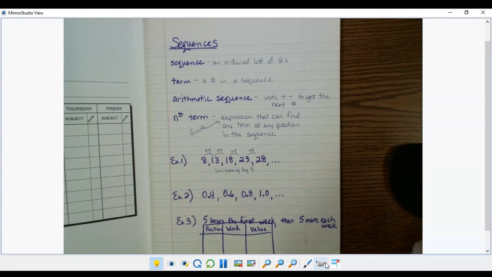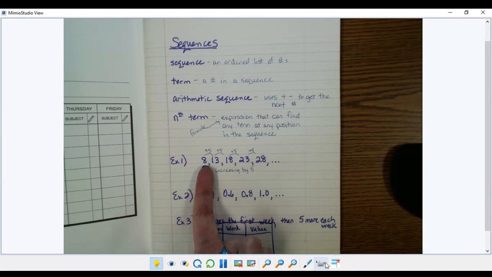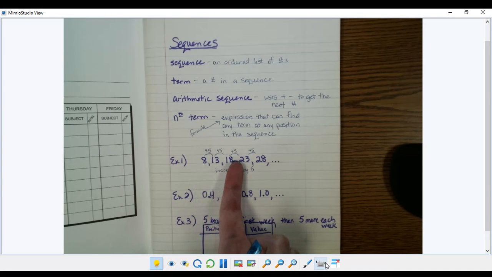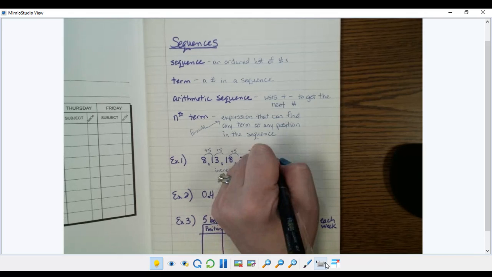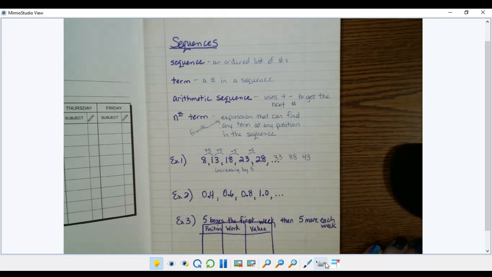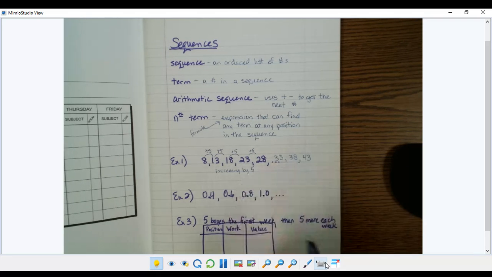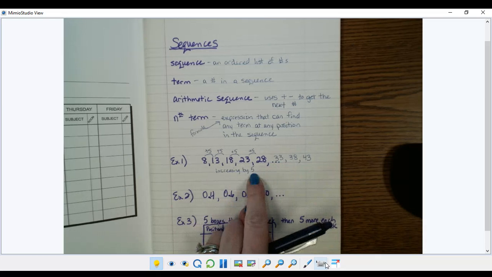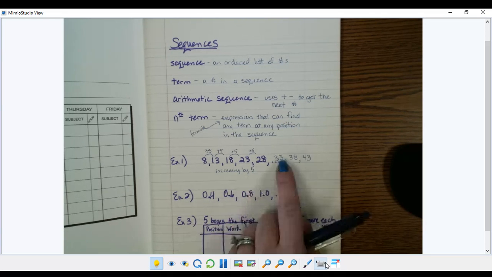Now, if you don't feel like doing all the math, but you've discovered the pattern of 8, 3, 8, 3, super simple. The next 3 terms would be 33, 38, 43, usually with commas because we're picky. So describe the pattern: it is increasing by 5 from one term to the next. What are the next 3 terms in the sequence? This one, this one, this one.